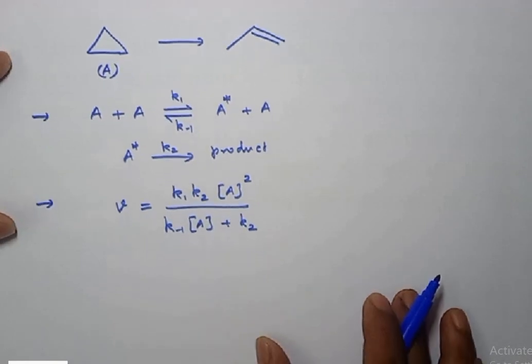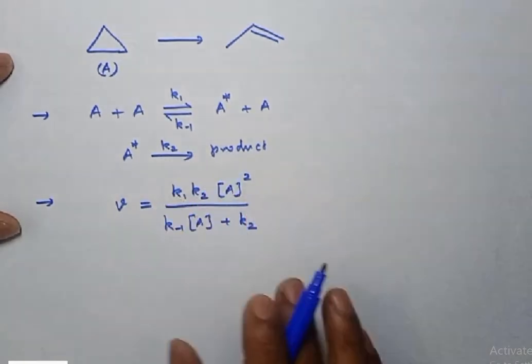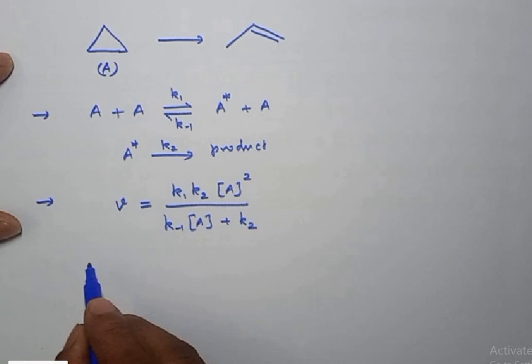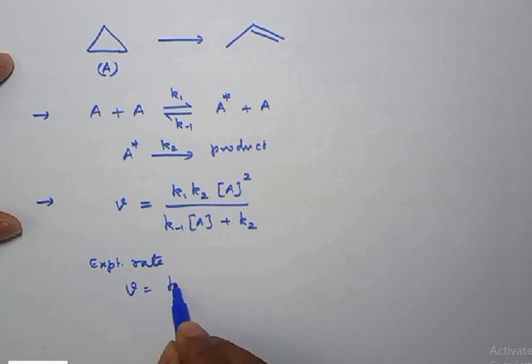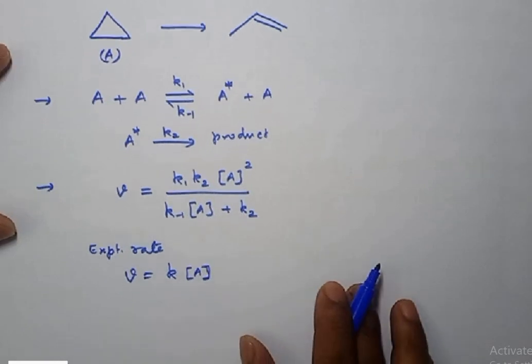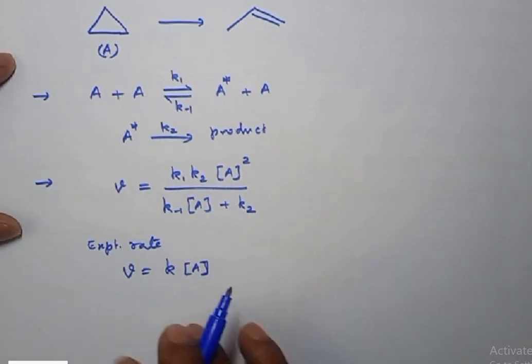This is the rate of the reaction, and we know the experimental rate. What is the experimental rate? Experimental rate V is equal to the experimental rate constant, also called the effective rate constant, into [A], because it is a unimolecular reaction. Right, this is the experimental rate.